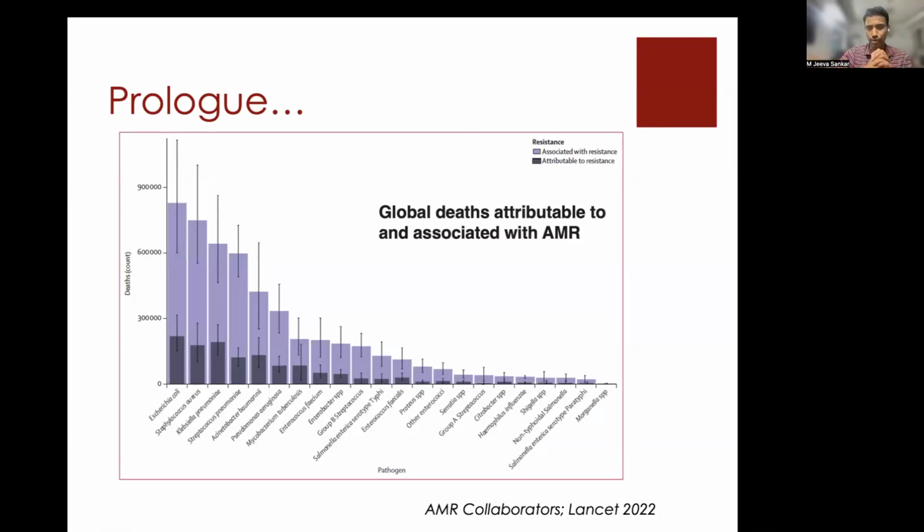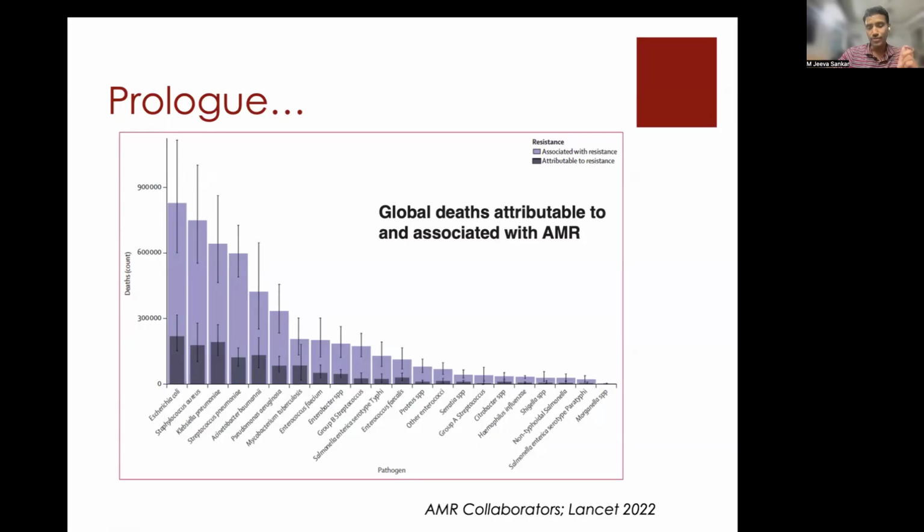We'll not go into that, but just look at the dotted bars, which are the deaths that can be attributed to antimicrobial resistance. For example, for E. coli, roughly 250,000 deaths, in other words 2.5 lakh deaths globally across all age groups, are attributed to a resistant E. coli bug.